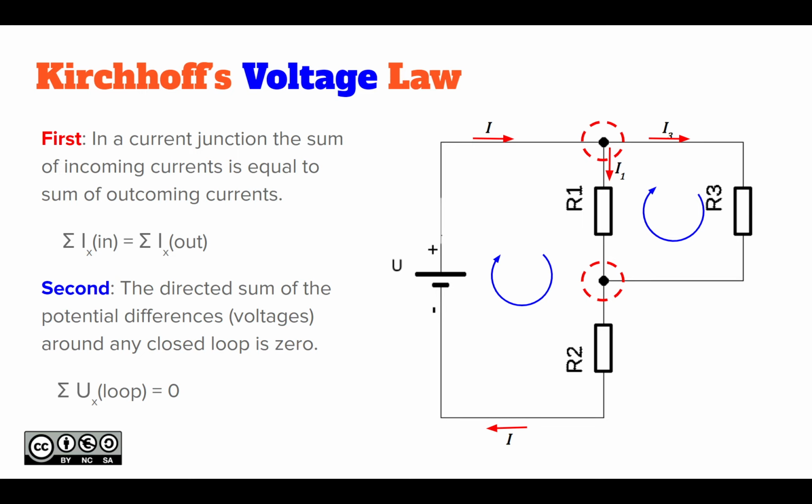Then the voltage law: you go through these circuit loops, clockwise or counterclockwise, and the sum in that direction is actually 0.